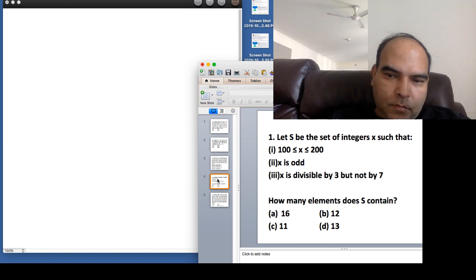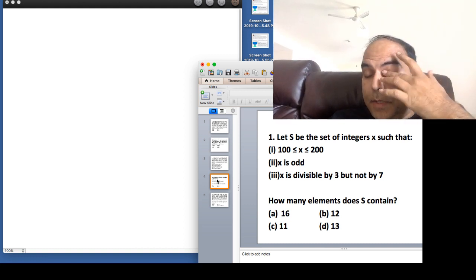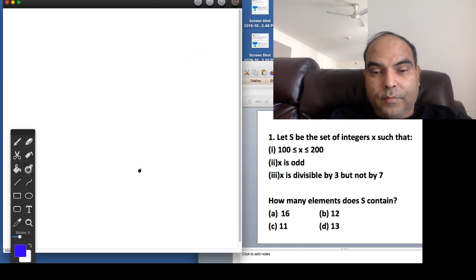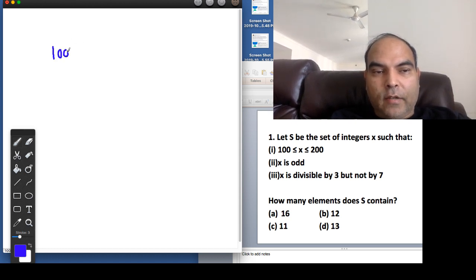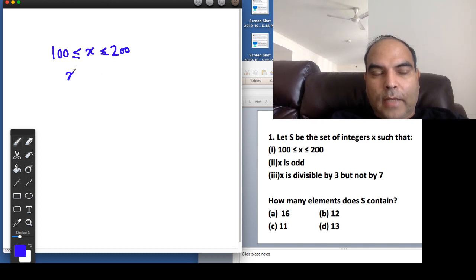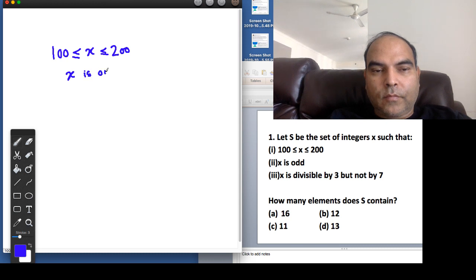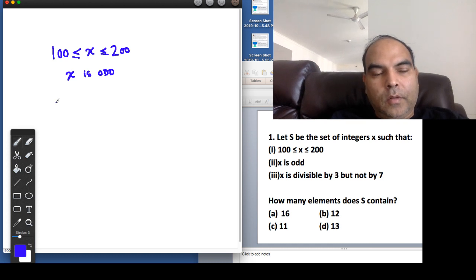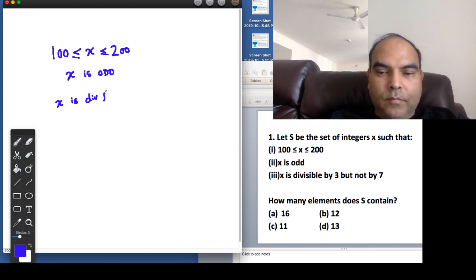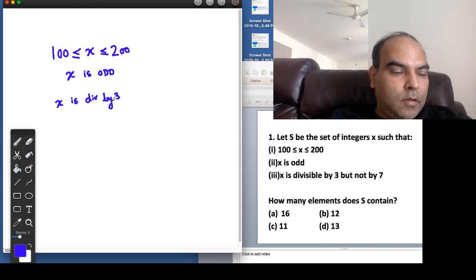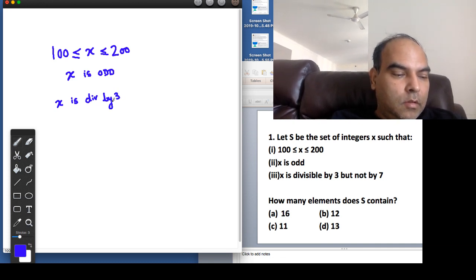The question says, let S be the set of integers x such that 100 is less than or equal to x is less than or equal to 200, x is odd, and x is divisible by 3 but not 7.